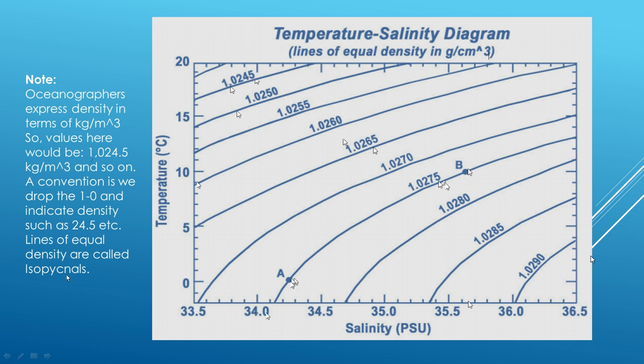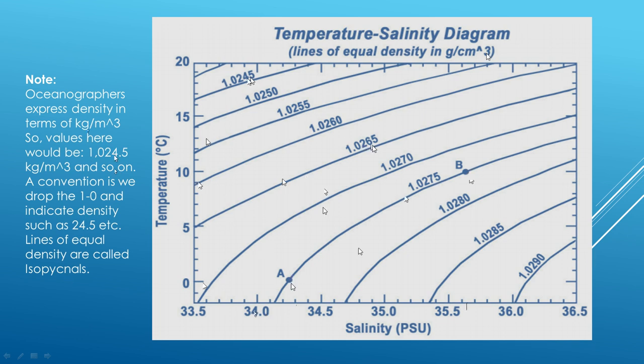Conversely, if I cool the water down, like let's look at the 26.5 isopycnal, to keep the same density, I lower the salinity.